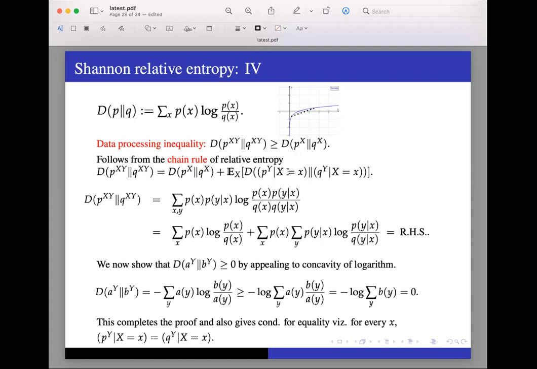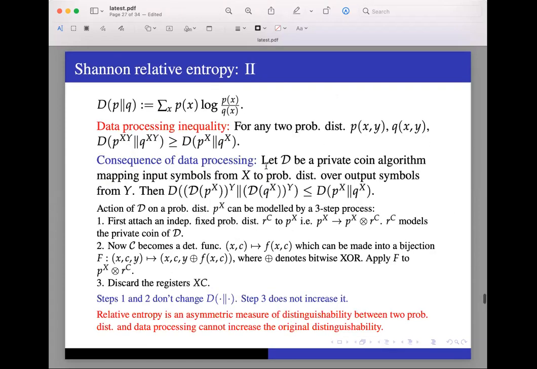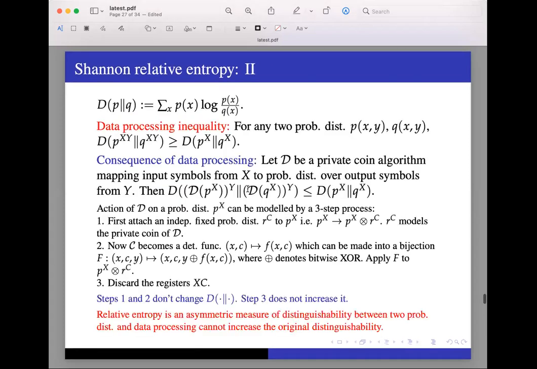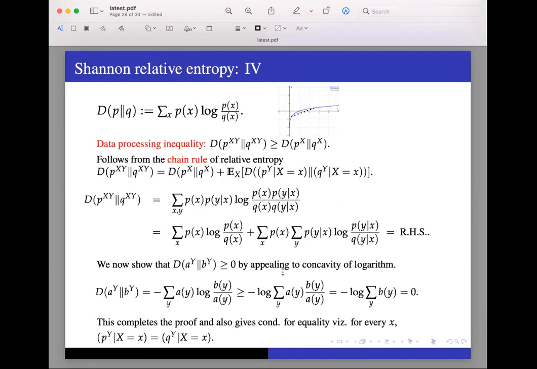All I have to show is that this relative entropy is greater than or equal to 0. So remember, we had this property, the very first property, non-negativity. So basically, I'll sit and prove the non-negativity property of relative entropy. So we'll show that for any two probability distributions A and B on the alphabet Y, the relative entropy is greater than or equal to 0. And for this, we'll appeal to the concavity of logarithm.